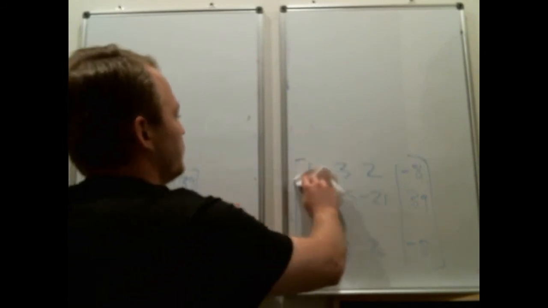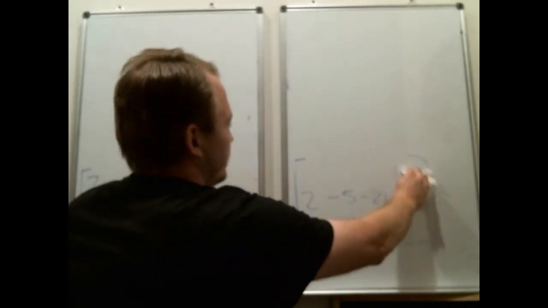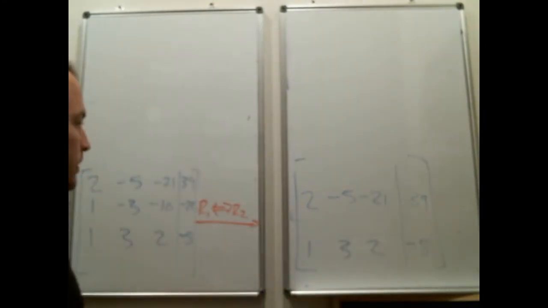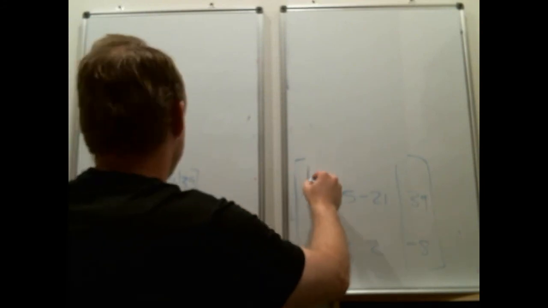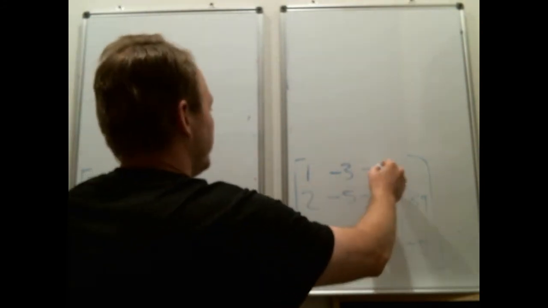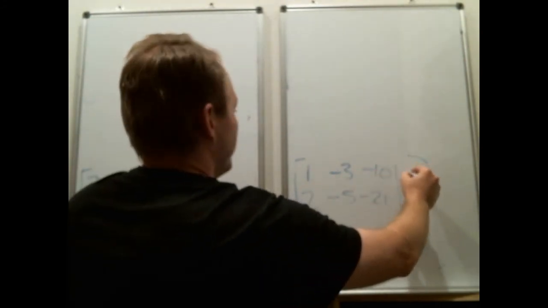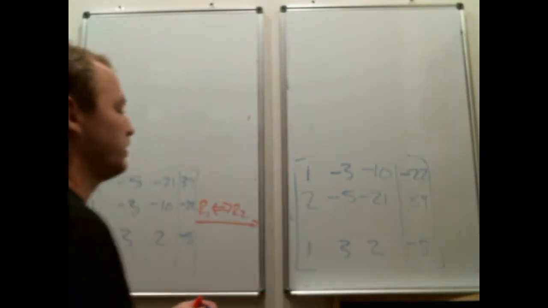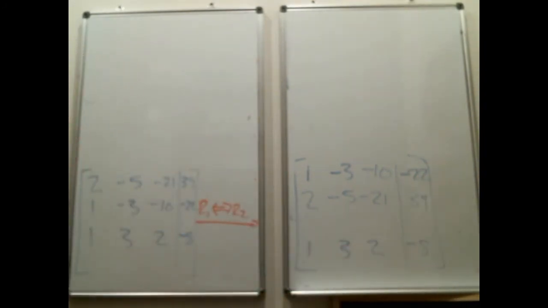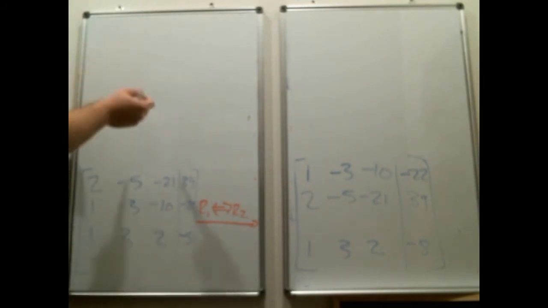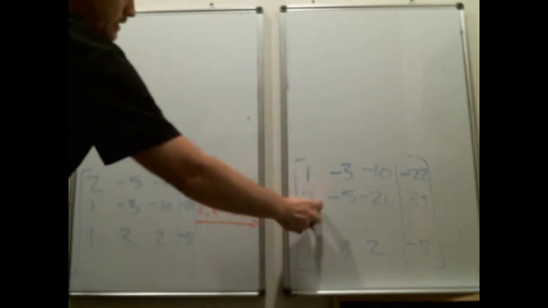I accidentally wrote the wrong row right there. That should have been 1, negative 3, negative 10, and negative 22. There we go. Gotta be careful, alright? I make mistakes too, so you just have to be careful and go back and look through where your mistake was. So now the next step is to make this a 0.